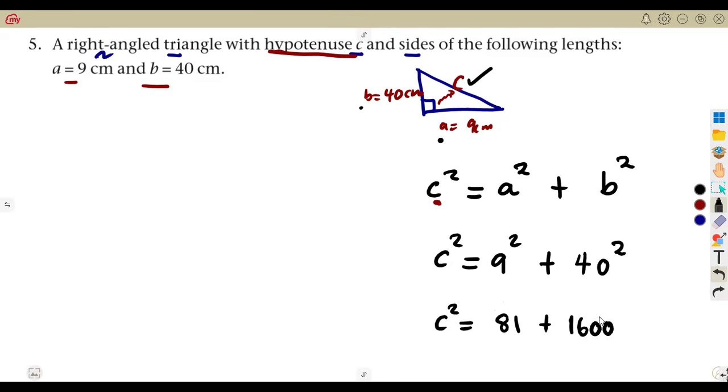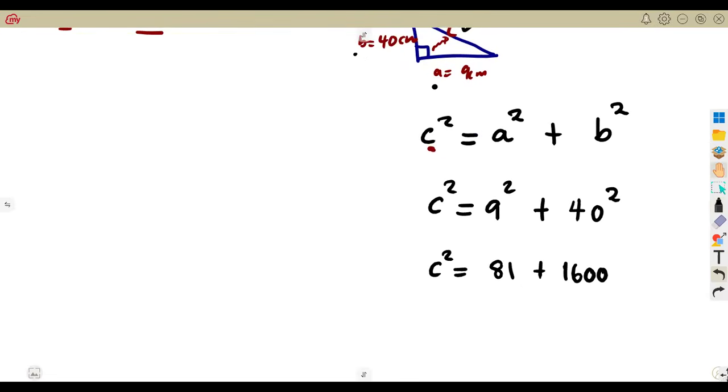So we have got 1,600. Then we have to add 81. So C squared was going to be 1,681. Then let's remove the square by introducing what? The square root on both sides.